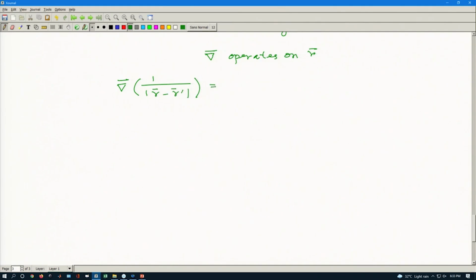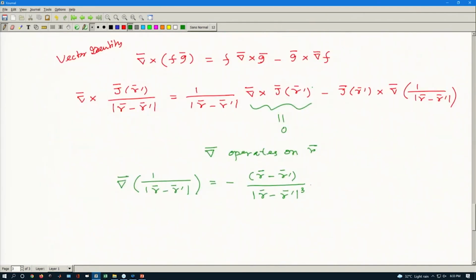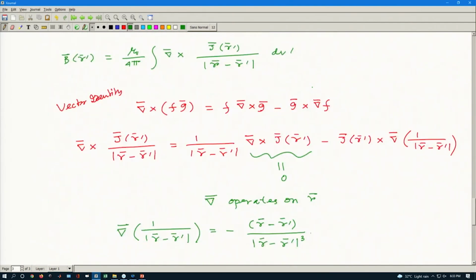And that thing is simply minus of r minus r prime over mod of r minus r prime whole cube, because this is a known thing. We have already done this. So, we are going to put this here in this equation.